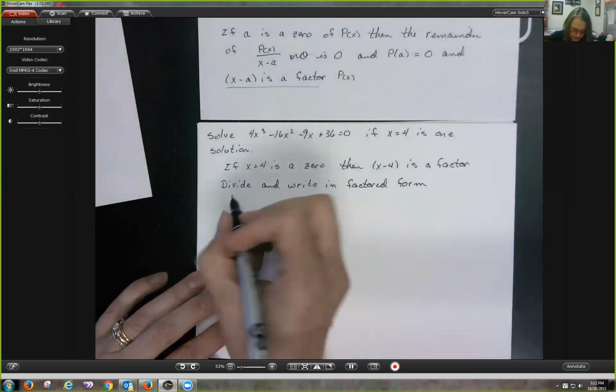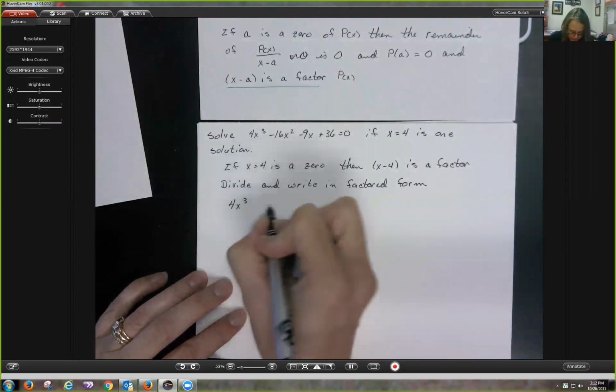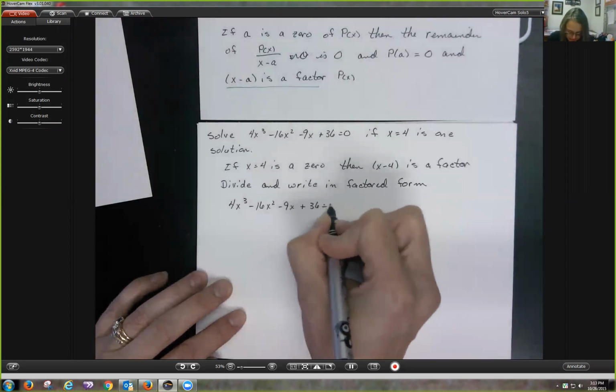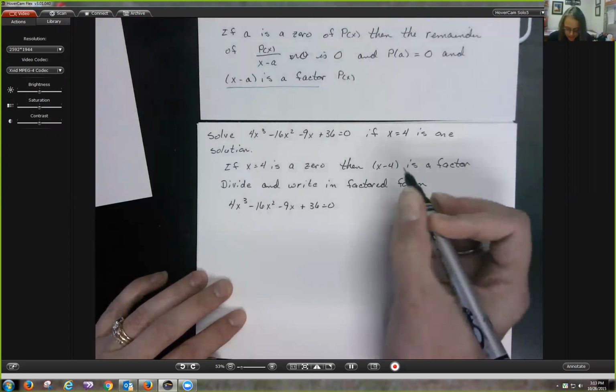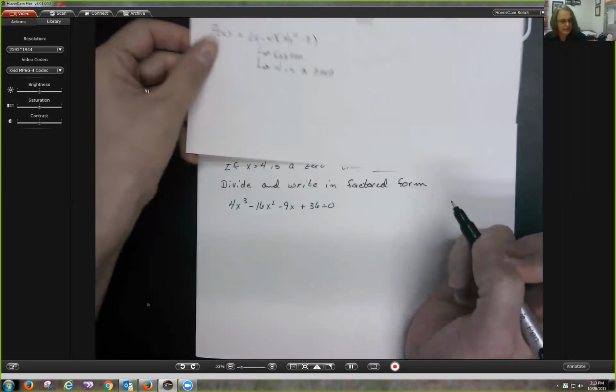So my equation now becomes, I started with 4x to the third minus 16x squared minus 9x plus 36 equals 0. But I divided out my x minus 4. Remember, I did that right over here.